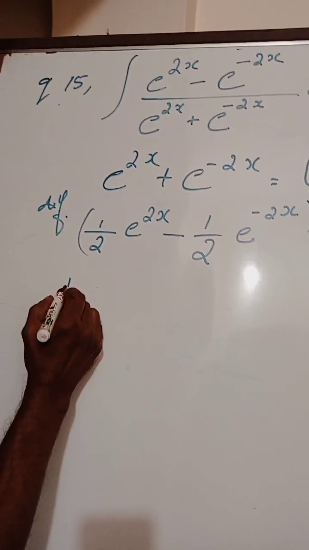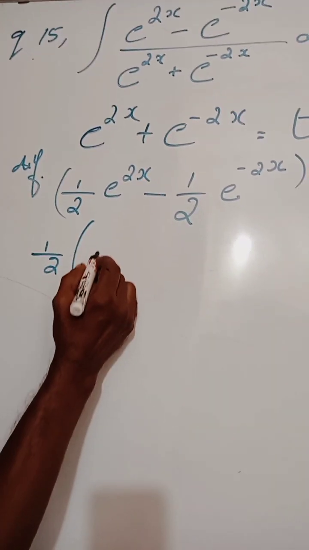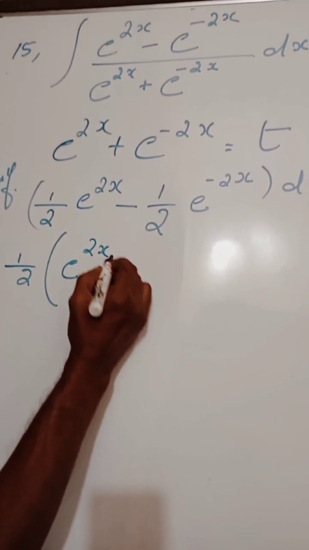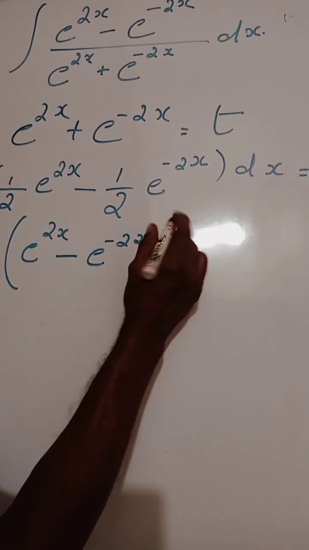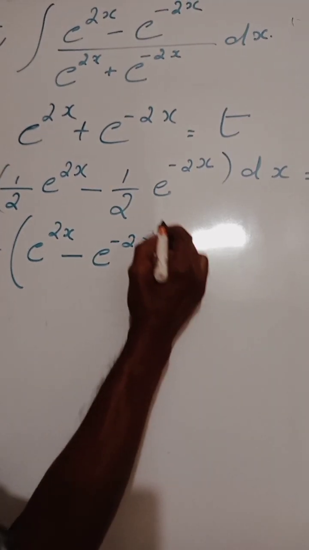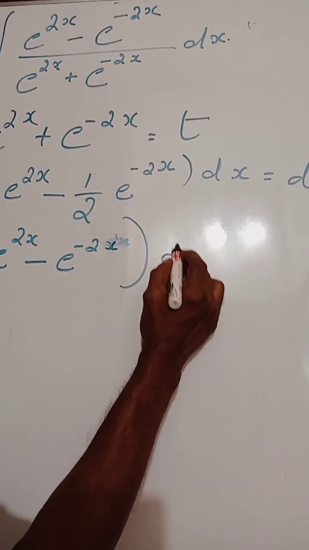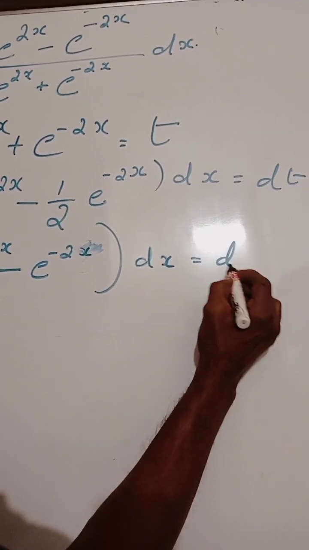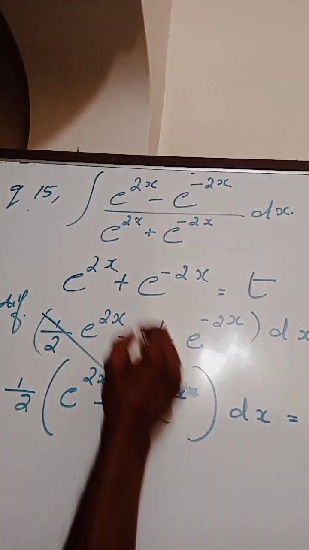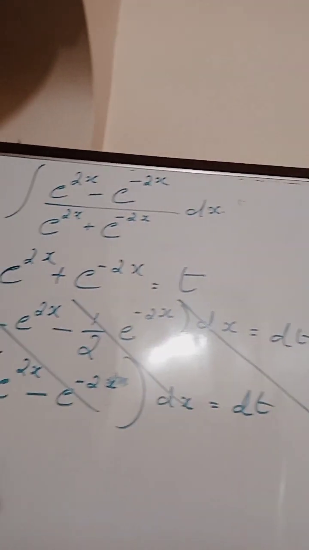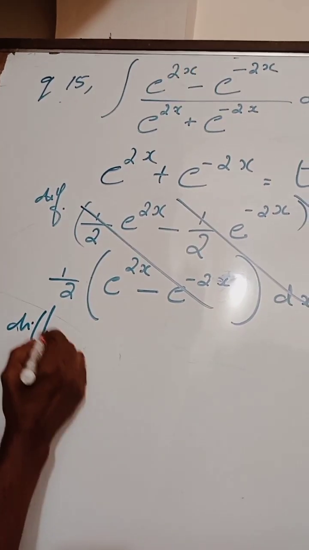Here 1 by 2 we can take outside. Here we got a mistake in the case of differentiation.